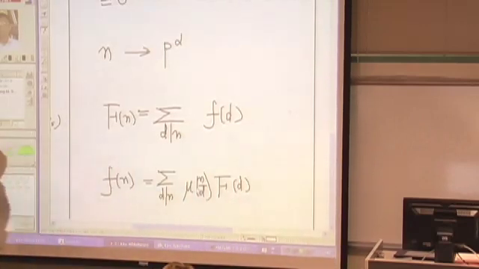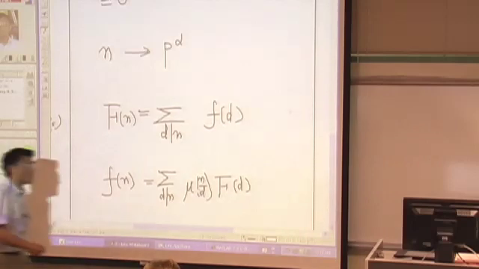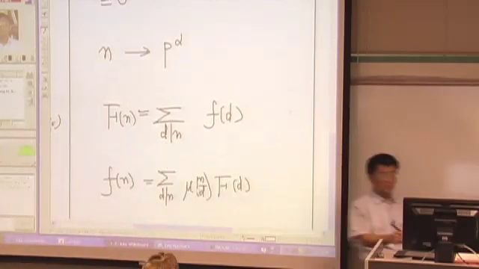So from the summand we can get the sum, but we can also get the reverse. From the sum we can get the summand. That is called the Mobius inversion formula.